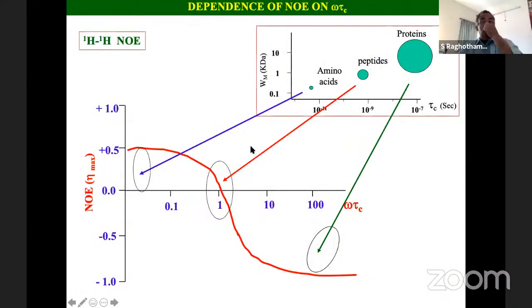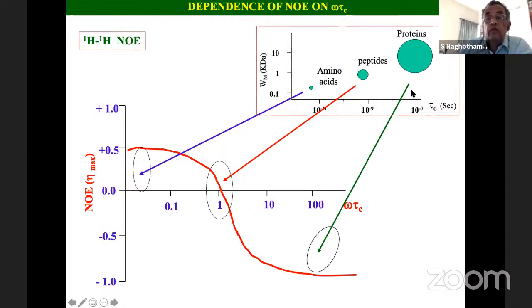Now, the one disadvantage of this NOESY is that it is correlation time dependent, in the sense that it's size dependent. For small molecules, it will give a positive NOE. NOE, I told you, when you perturb certain nuclei, the intensity is perturbed on the neighboring nuclei. So in a small molecule, the intensity increases, whereas in a large molecule, the intensity decreases.